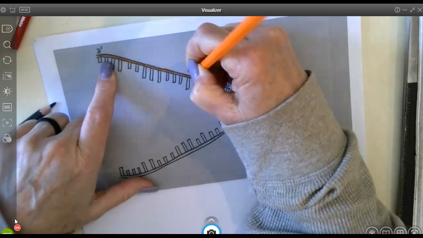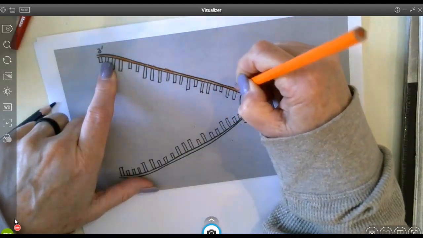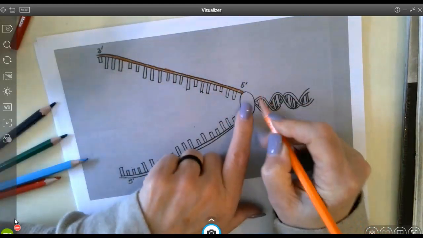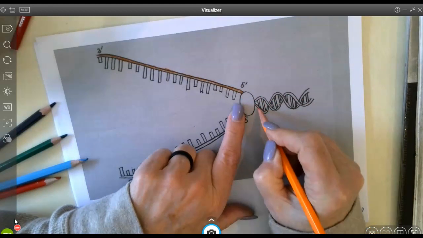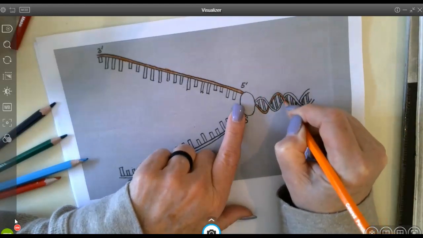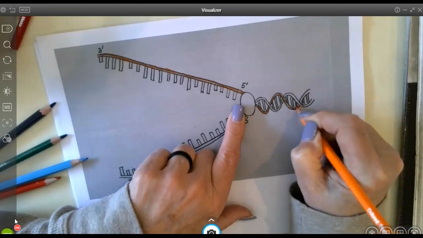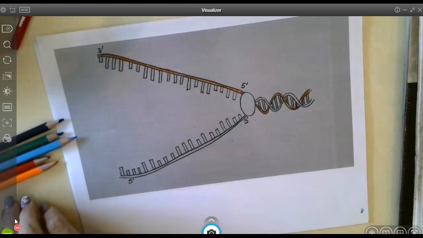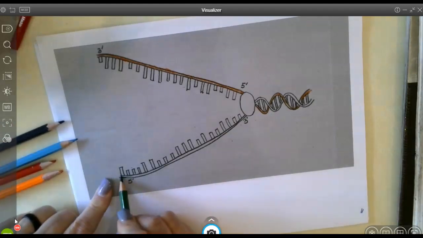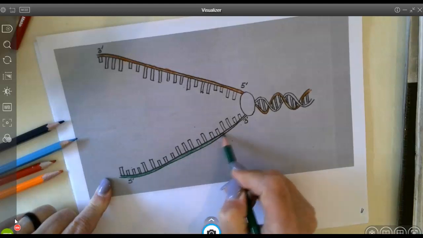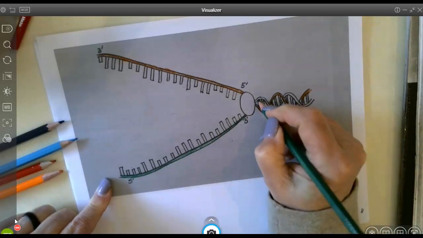So you're going to do that better than me on all of the pictures, every single one. And then if you think about where this would go, it would dip down and go like that. And then for this bottom strand, go ahead and make all 4 of them green.